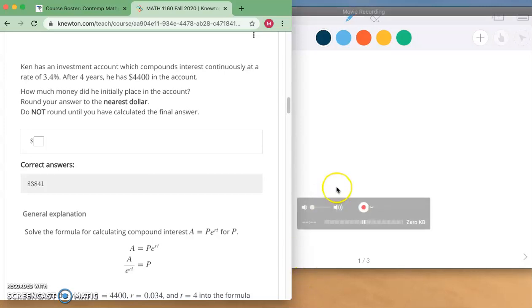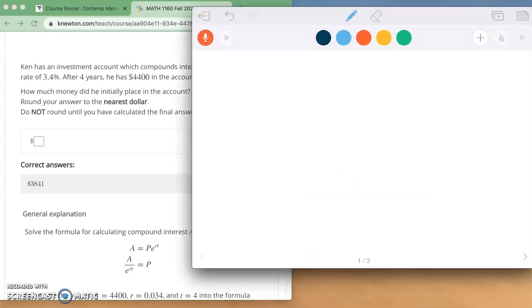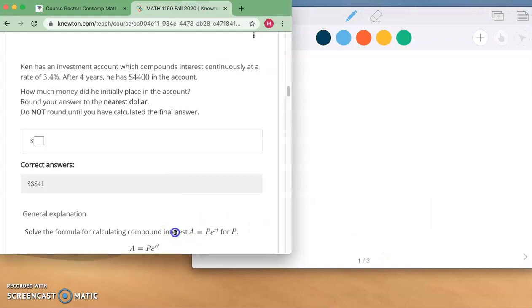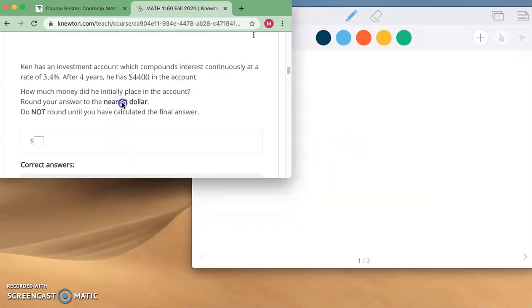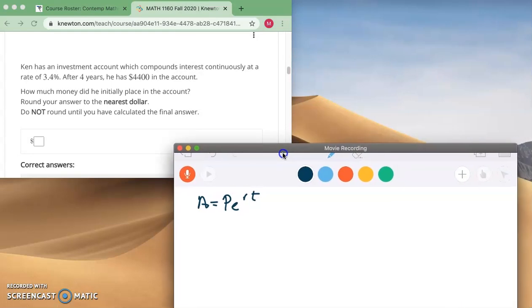So again, we're going to write our formula just so we've got it. We have A equals P times e to the RT, our PERT, for those of you that are trying to remember it. All right, so what do we have here? We're given that after 4 years, we have a certain amount, right?